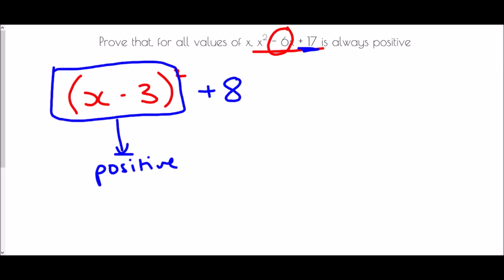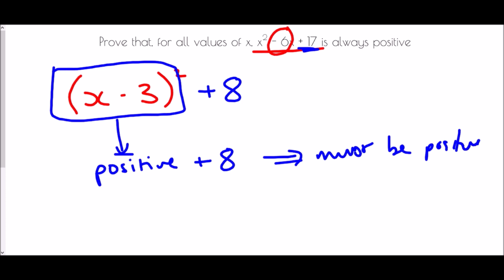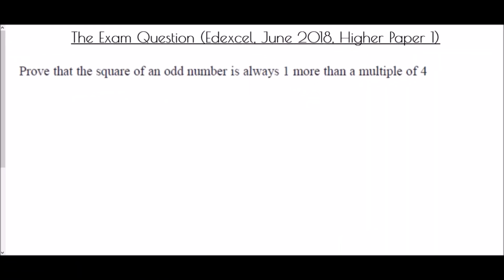And so then I've got a positive value plus 8. And so because we have a positive value with something added on, this must also be positive. And so the proof is actually just coming from the fact we've managed to complete the square with a positive value at the end.